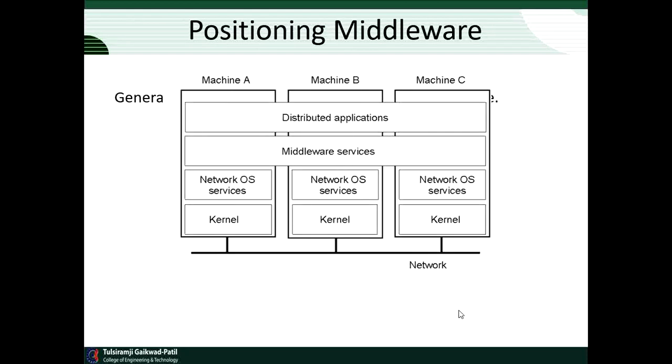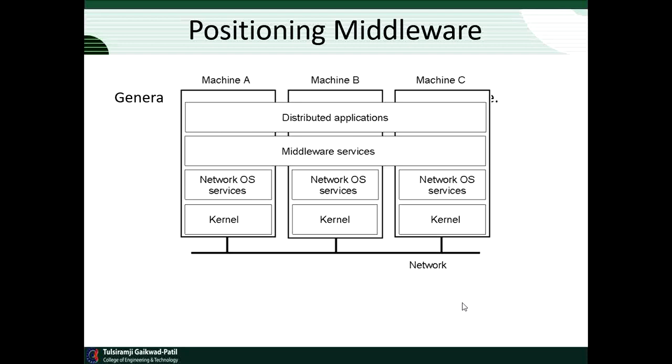So here we can see the positioning of middleware. Here the general structure of middleware is given, where again machine A, machine B and machine C are connected among themselves through a network, where the distributed applications are installed in all the machines, and accordingly they are connected to the middleware services.